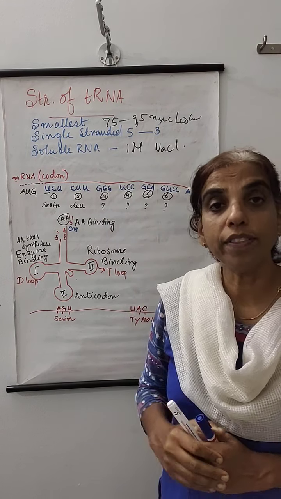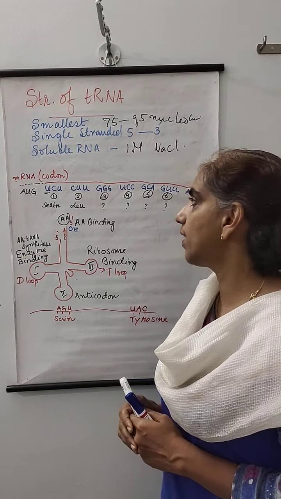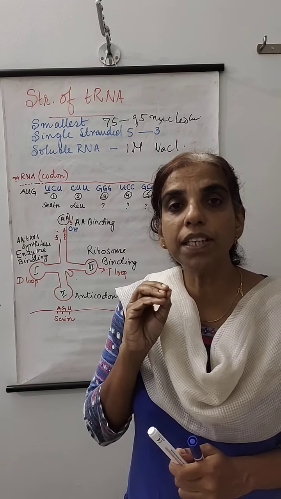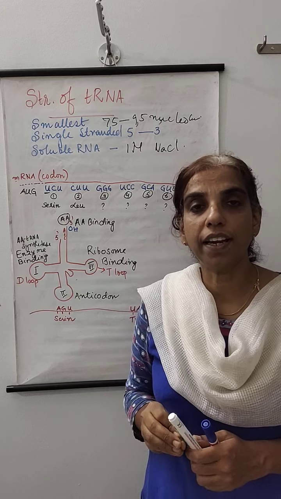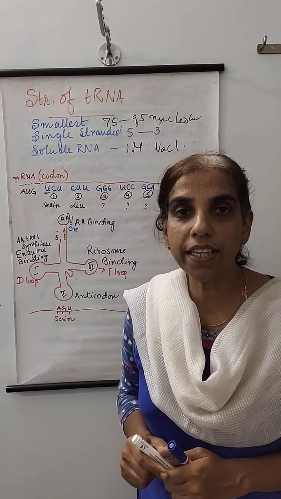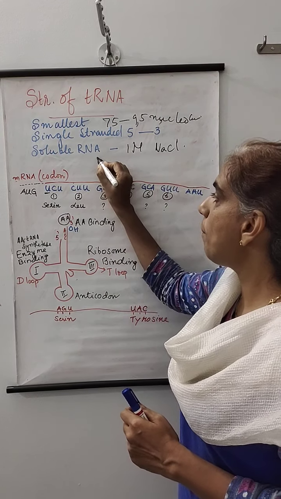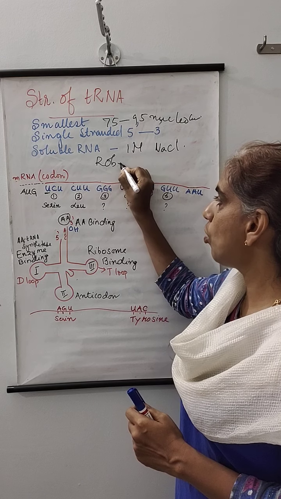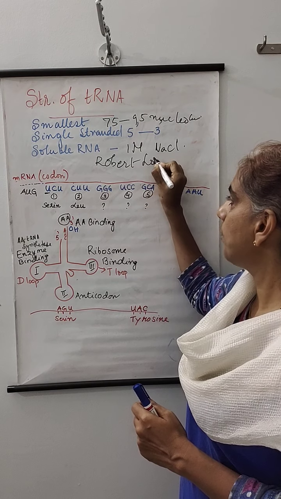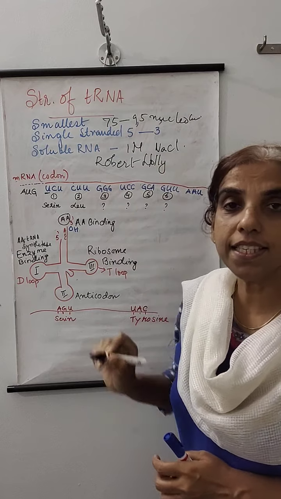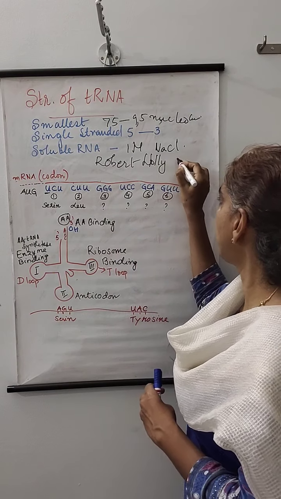Now we will go to the structure of transfer RNA. The most accepted structure of transfer RNA was postulated by Robert Holley in 1965.